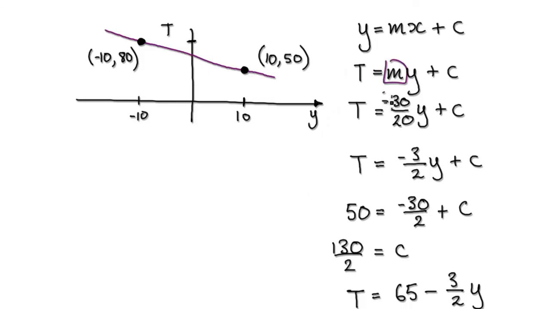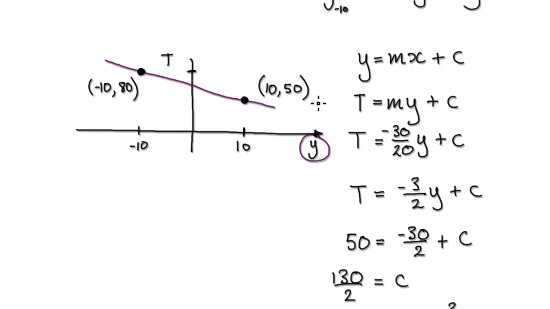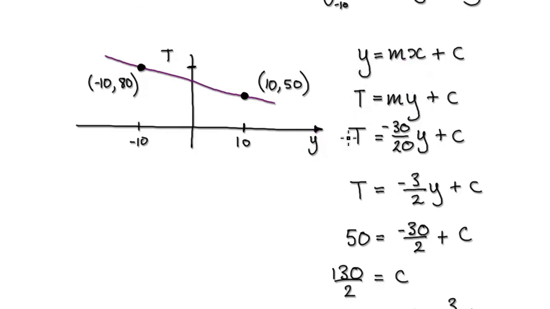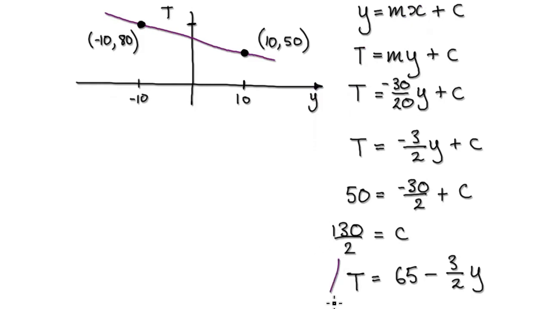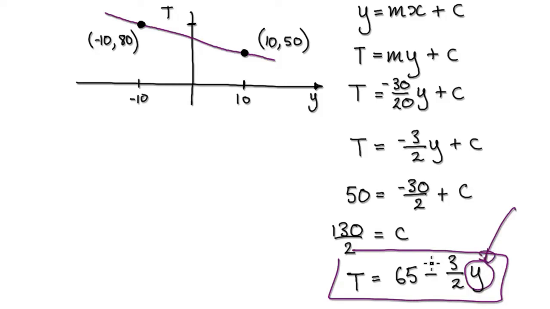The gradient is given by this, but remember, in this case the x-axis is actually our y, the height as we're moving. The y-axis here is temperature. So the equation is given by this. The temperature is given by this. So for any given y, for any given height, we have the ability to work out the temperature.